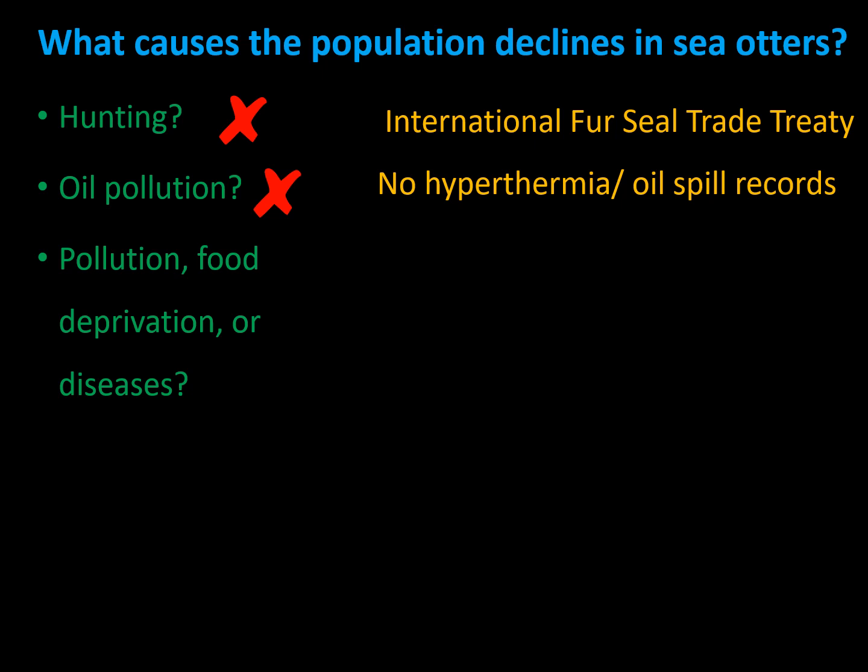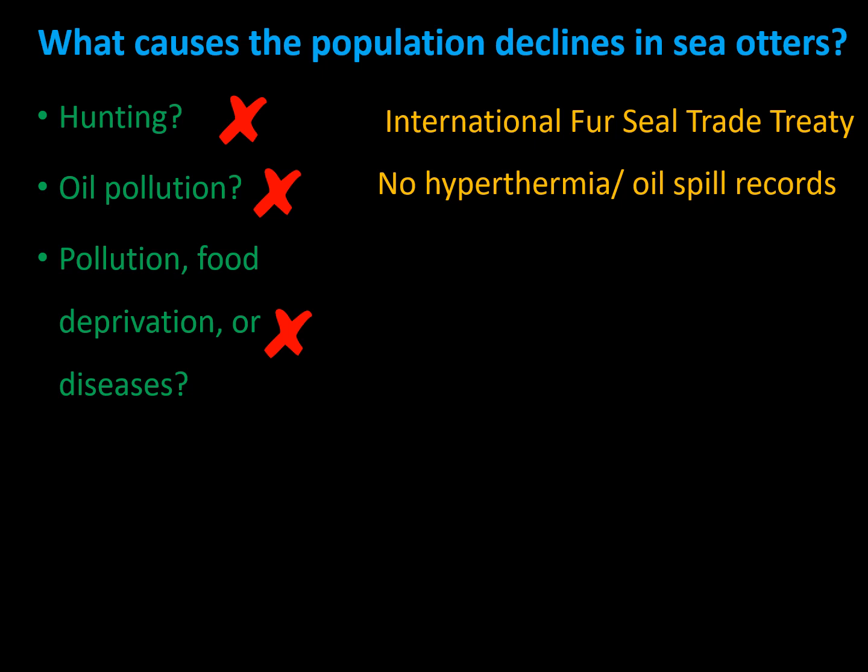Well, what about other forms of pollution? It could be something related to deprivation of food. It could be diseases. In either of those cases, if it is contaminants, lack of food, or diseases, what would you expect? You would expect toxins to occur in the animal tissues, right?